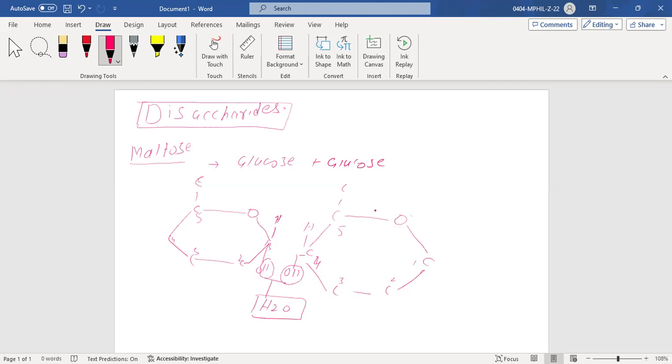So what will remain here is only oxygen, right? Because hydrogen is removed from here, and you have this oxygen.